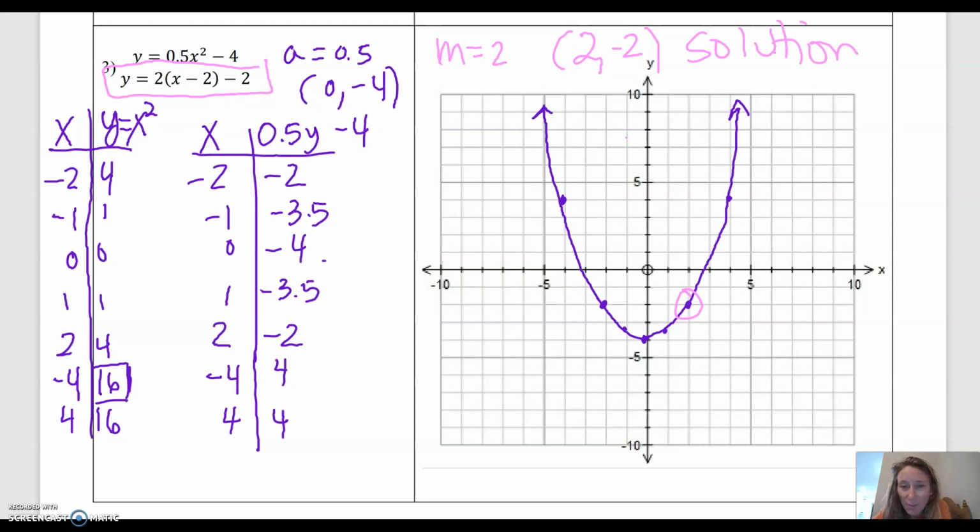And then if I go up 2 and over 1, I'm right here. Up 2 and over 1, up 2 and over 1, up 2 and over 1. So I'm getting further away on that side. I go down 2 and backwards 1. Down 2, backwards 1.